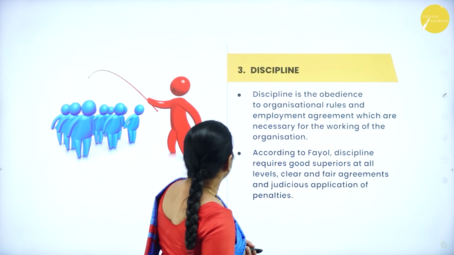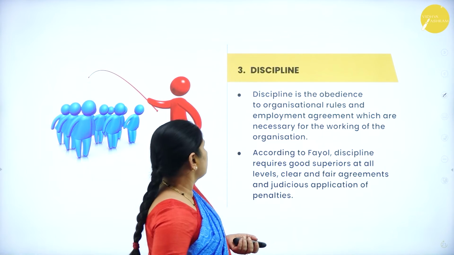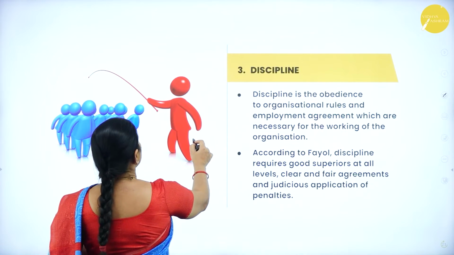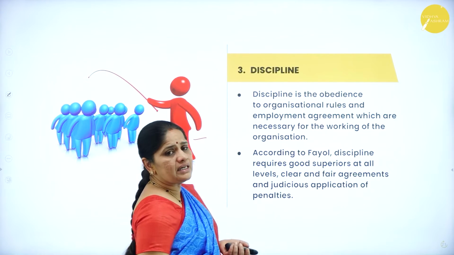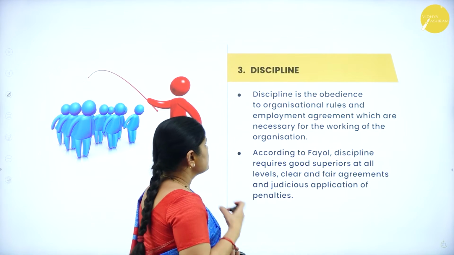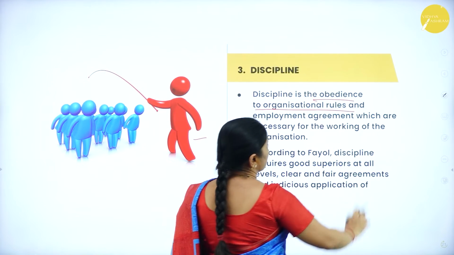Then the next one is discipline. As you know, what is the meaning of discipline? If you can see the picture here, this person is commanding everyone. So this is nothing but discipline. Now what is discipline? Discipline is obedience to the organizational rules.